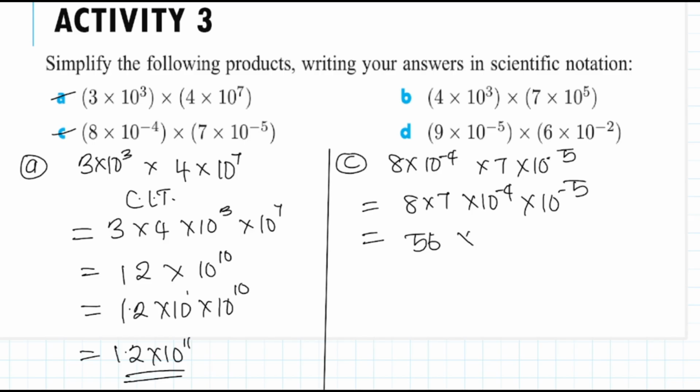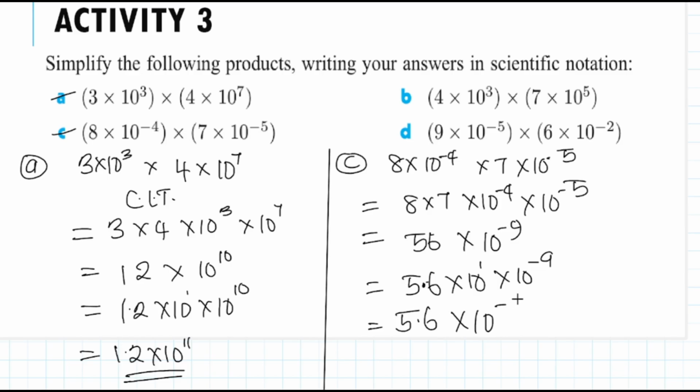So 56 times 10 raised to power minus 4 plus minus 5, that will be minus 9, okay? Then 56 is greater than 10, we make it less than 10, that's 5.6 times 10 times 10 raised to power minus 9. So this is 10 raised to power 1 plus minus 9, that's 10 raised to power 1 minus 9. So that will be 5.6 times 10 raised to power minus 8, and that is the final answer.